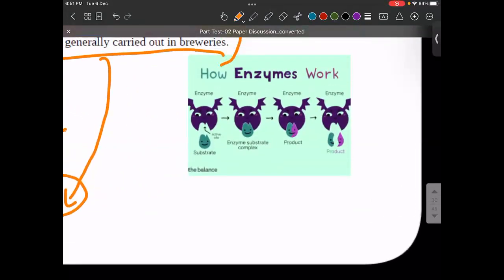Based on the picture, the enzyme binds with the substrate, breaks down the substrate, and forms the enzyme-substrate complex. And then it forms the enzyme-product complex. And then the enzyme comes out as such.